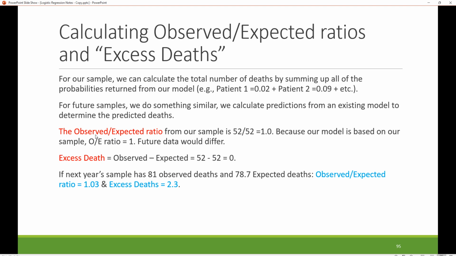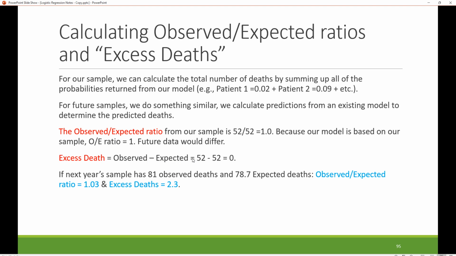So the observed death divided by the expected death in future data would give you the observed expected ratio. It would be two summary statistics of the entire sample, one divided by the other. In excess death, we would use again those summary statistics of the full sample. The observed number minus the expected number would give us the excess death.